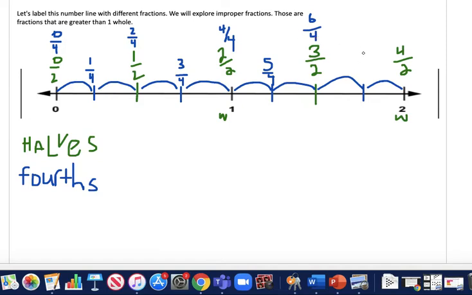The next jump would be 7 fourths. And our final jump would be 8 fourths, which is equivalent to 4 halves, which is also equivalent to 2 wholes. And for our final improper fraction that we're going to be working with today, we're going to be looking at eighths.